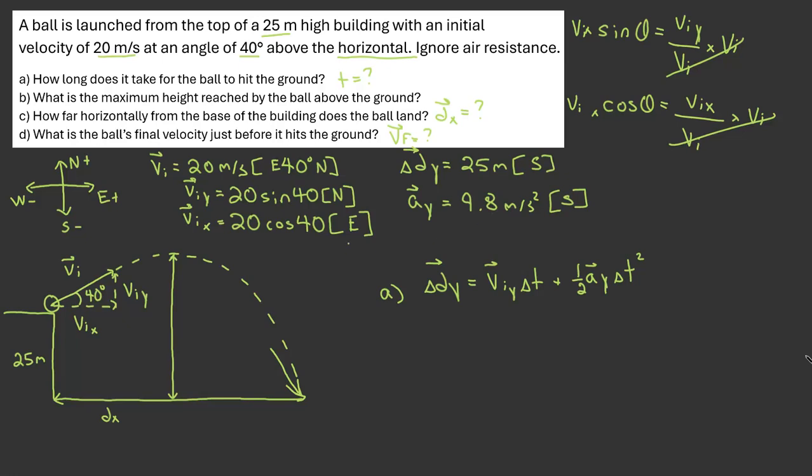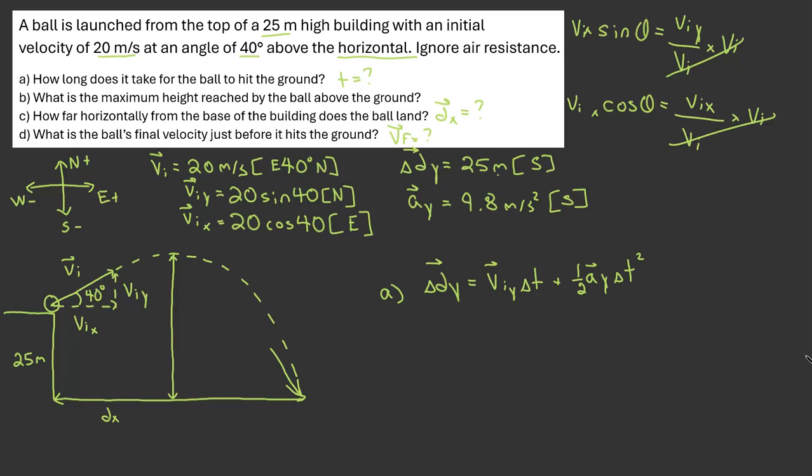When inputting all of our values, it's very important that we input our values based on the vector, based on the direction, based on the actual value. So if it's in our negative direction, I'm going to put it as a negative value. If it's positive, I'll leave it as a positive. So here, we'll start from here.